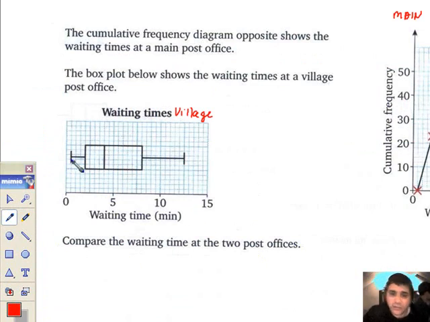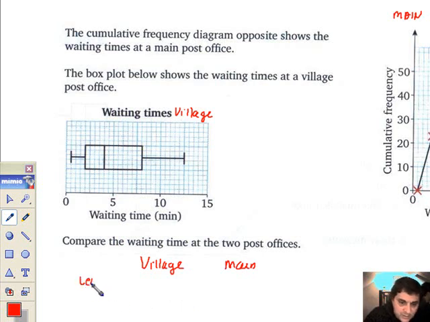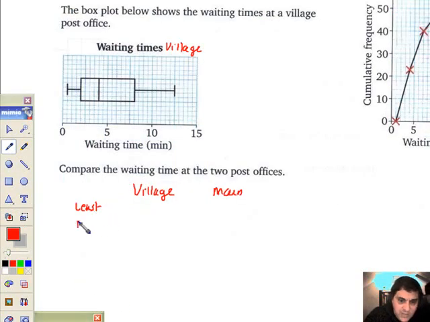Well, I've got a ready-made box plot here, so let's just do the village, and let's just do the main post office here. Now what do we want? We want to get the least waiting time, the maximum waiting time, the lower quartile, the upper quartile, the interquartile range, and the median.